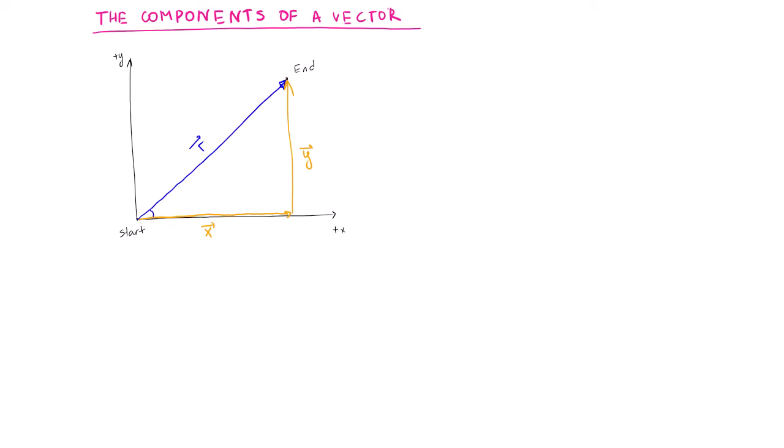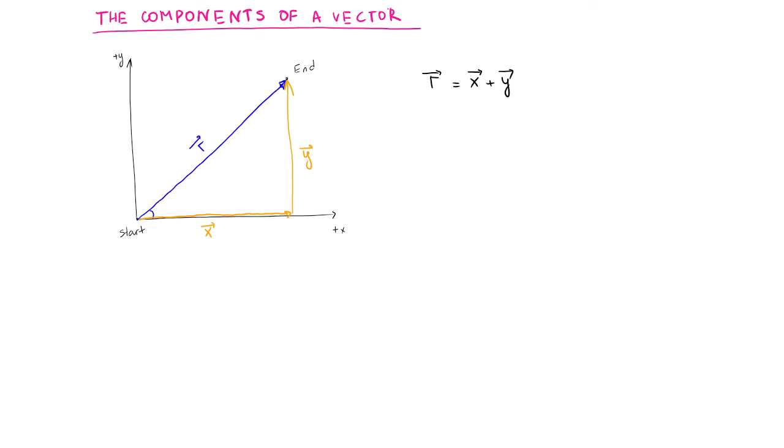So vector components are very important in physics and have two basic features that are apparent in this picture. The first one is the components add together to equal the original vector. So I can write r vector equals vector x plus vector y.